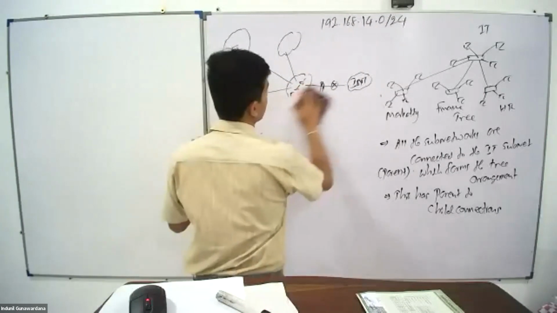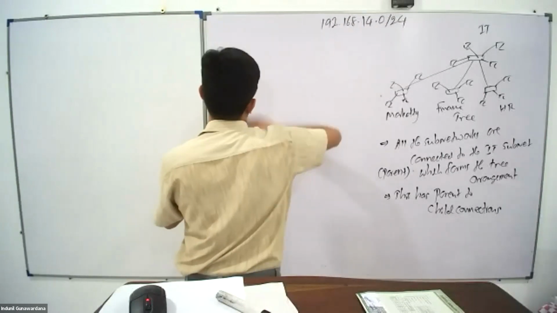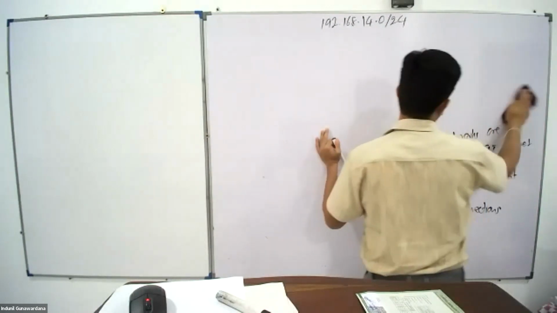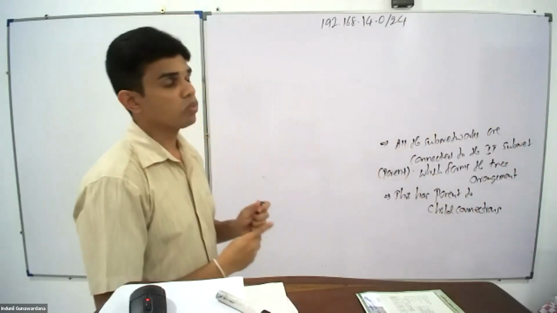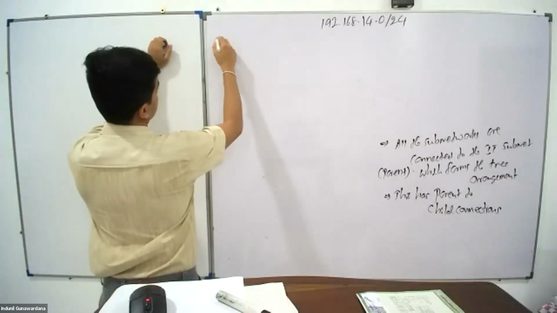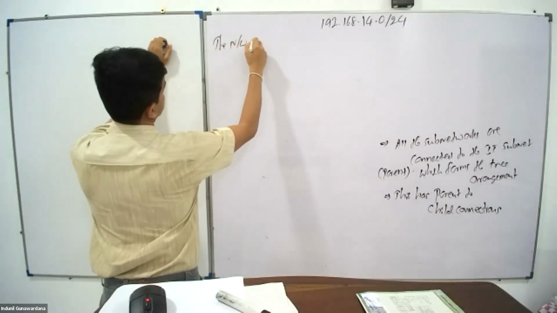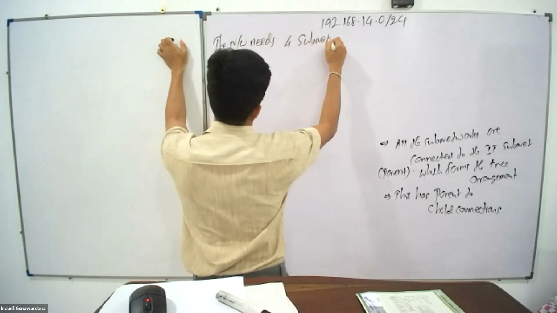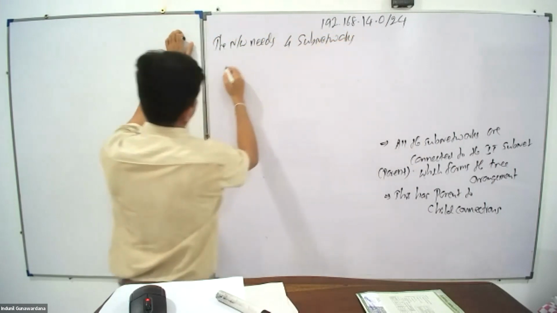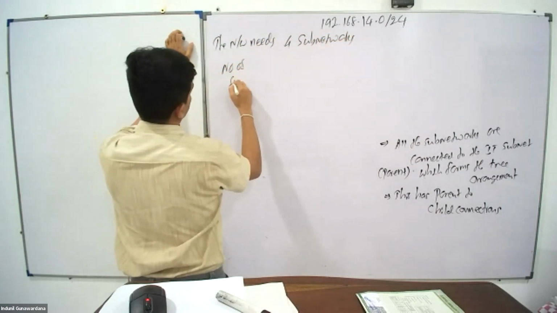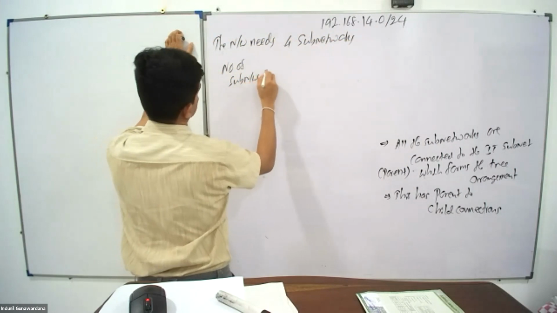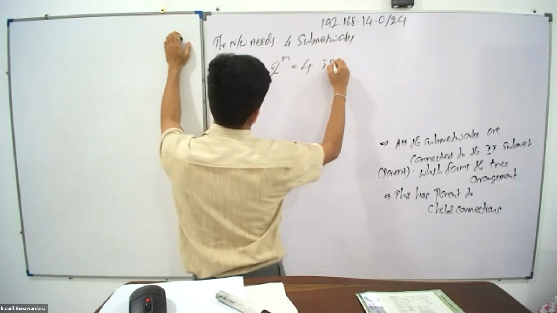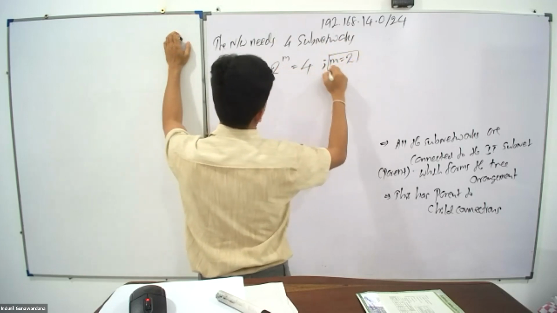Right. Now, how do I continue the subnetting? So we have to understand the requirement. The main requirement is it has to have 4 subnetworks. So I can start from there. We can say that the network needs 4 subnetworks. And the equation is number of subnetworks equals 2 to the power m, that's going to be 4. Therefore, m has to be exactly 2.